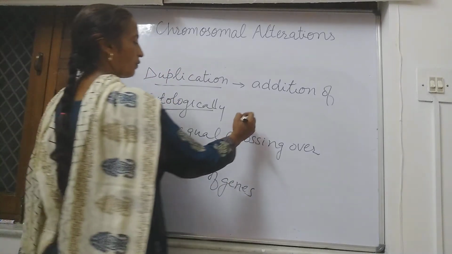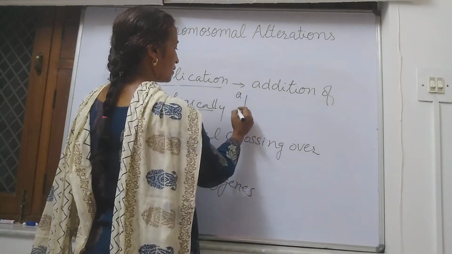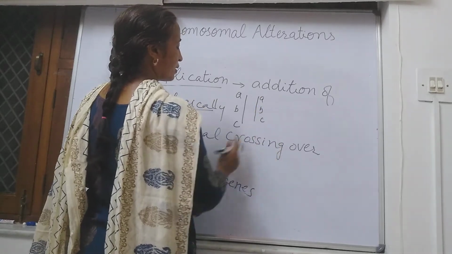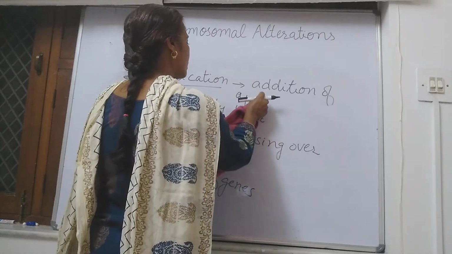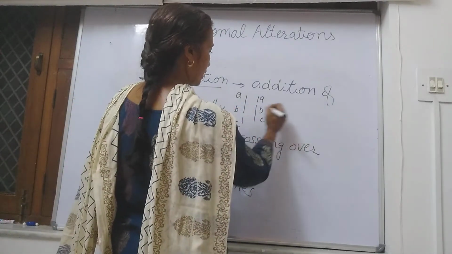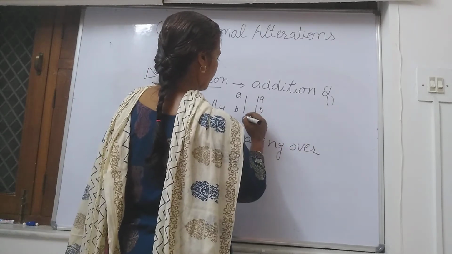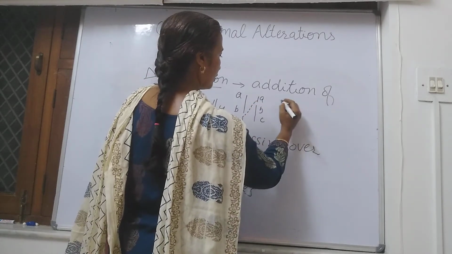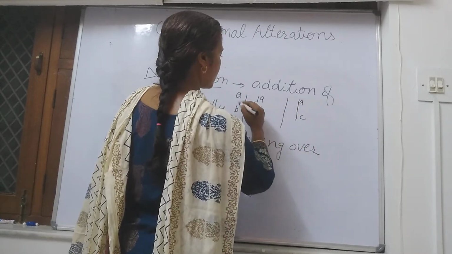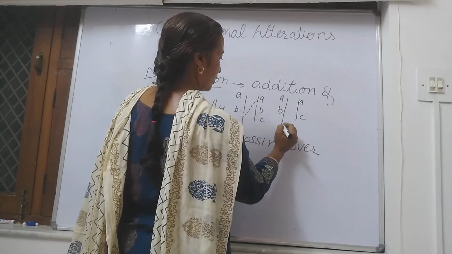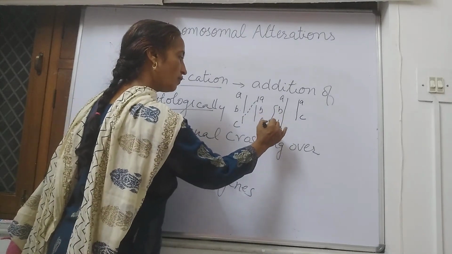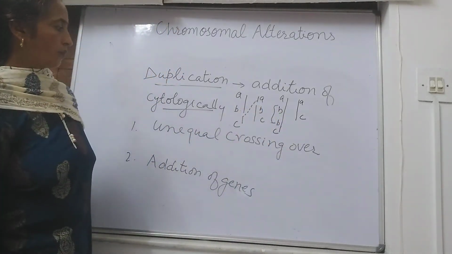In unequal crossing over, suppose in this arm the genes are A, B, C. When the break occurs like this, here A, B and B, C, and the synapsis takes place between A, C, and here is A, B and again B, C. So the sequence of genes is repeated.